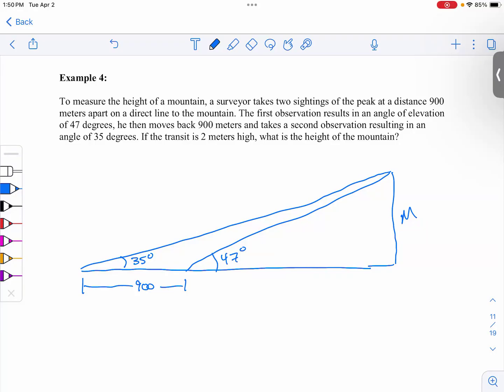The transit, we talked about this a while back. It's a little thing you stand on. Basically, whatever number we have at the end, we need to add 2 meters to it. The transit is 2 meters high. What is the height of the mountain?